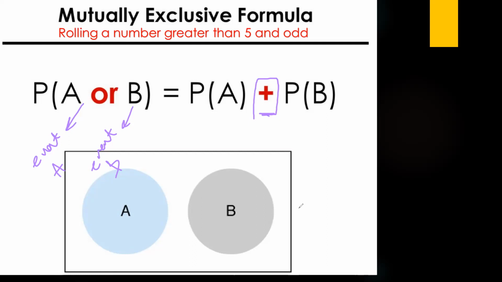As an example, if you have a number cube and the outcomes are 1, 2, 3, 4, 5, and 6. And I want you to give me the probability.